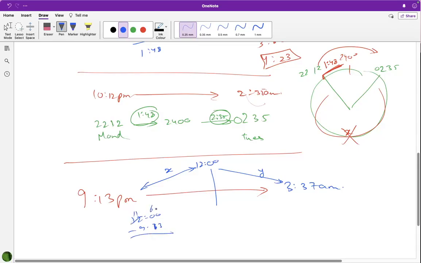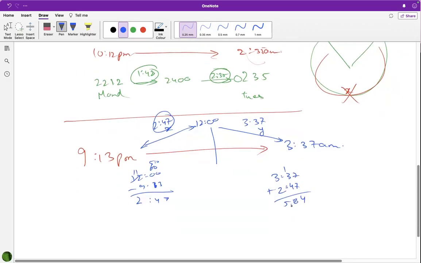This is 11, 60, and 47 and 2. So we took 2 hours and 47 minutes to reach 12 and then another 3:37. So total time is 3:37 plus 2:47. 7 and 14, 1, 4, 5, 6, 7, 8 and 5. 584. We convert it again, 6 and take 60 out. 624. So this is 6 hours and 24 minutes.